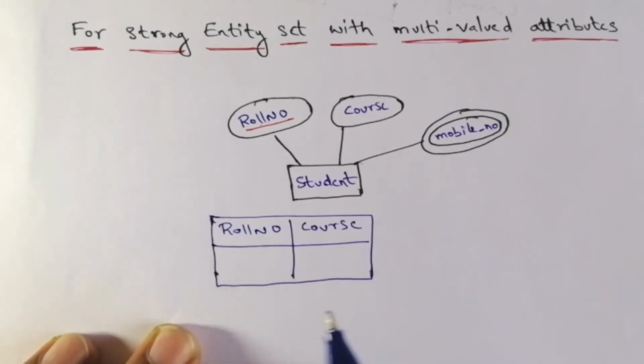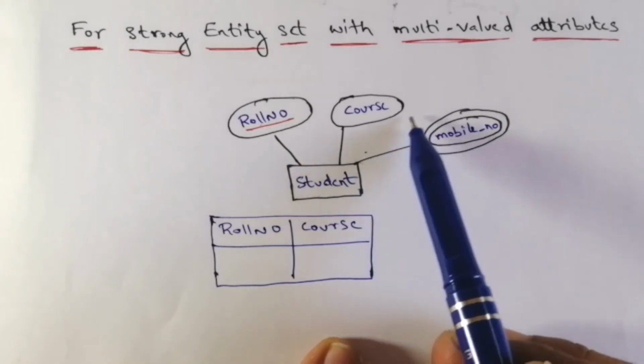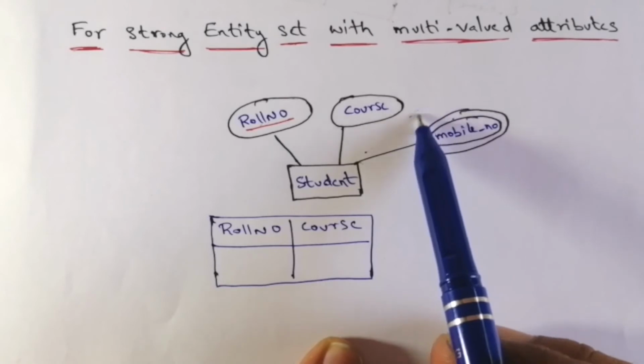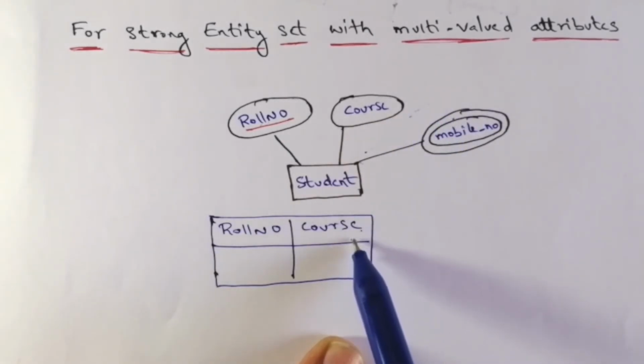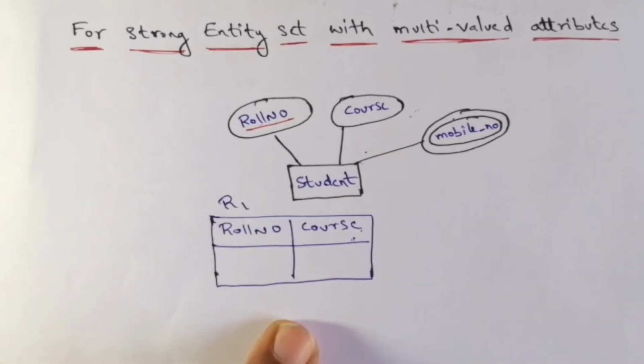If there is any other simple attribute, that attribute is also going to come in this relation. Let us name it relation 1, right?